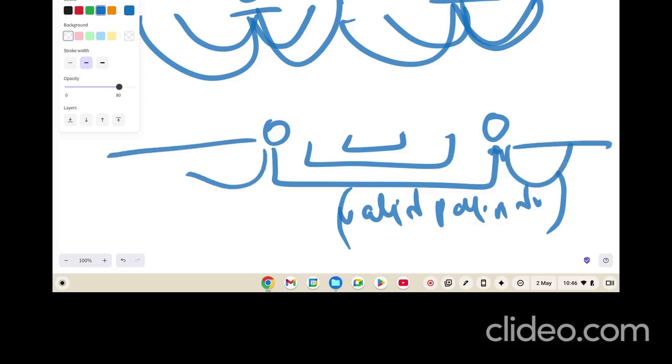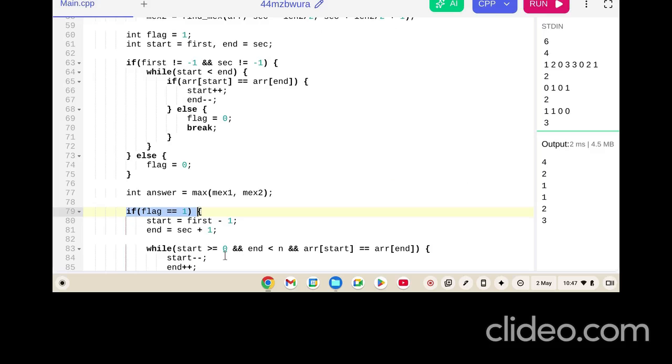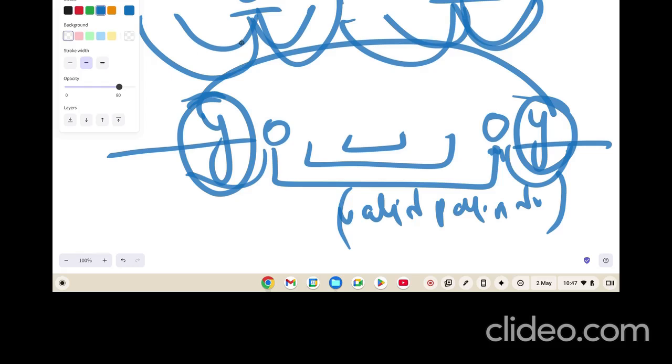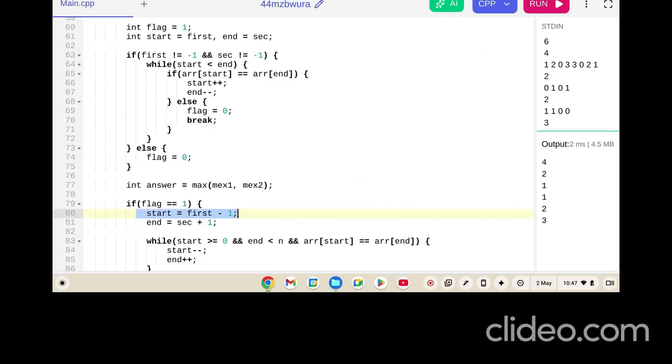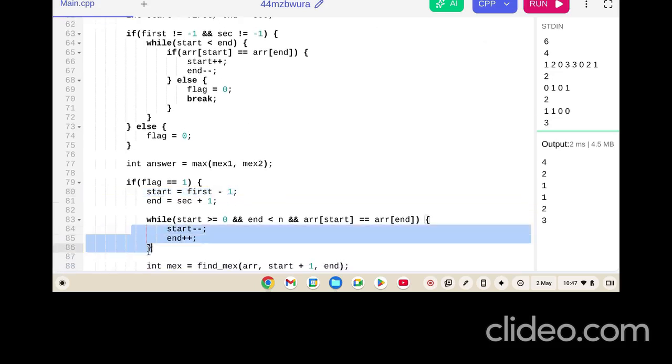So let's say this was y, this was also y. You will check if this element belongs to this. Yes, it does. Then you will say plus plus. So start is first minus 1, whatever my first element was. See, this was my first element, this was my second element. You said my start will be first minus 1 and my end will be second plus 1, and you simply again check for palindrome or not.